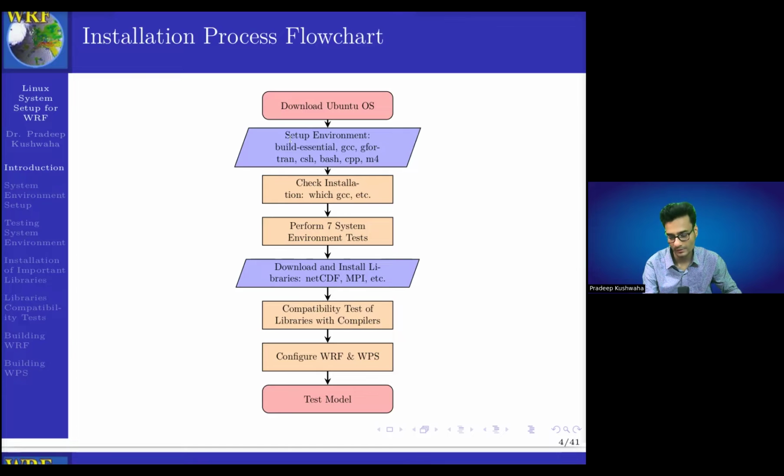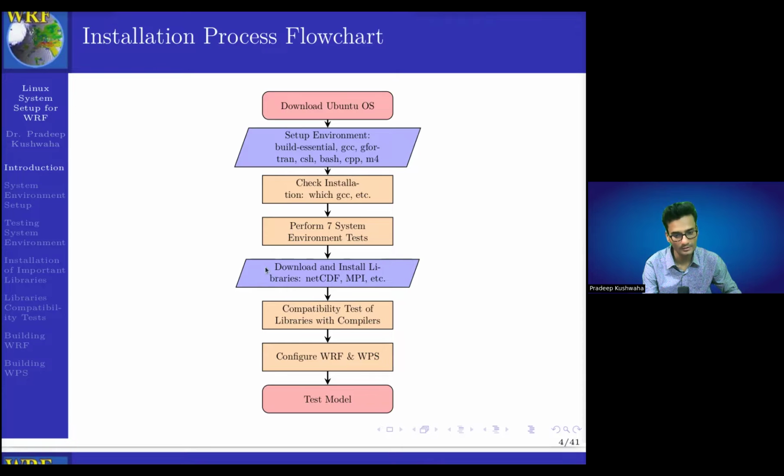These were the essential tools required for the system environment setup. After that, we performed a few checks for their installation and compatibility, and we found that all 7 tests were successful, and our system is ready for the installation of external libraries.